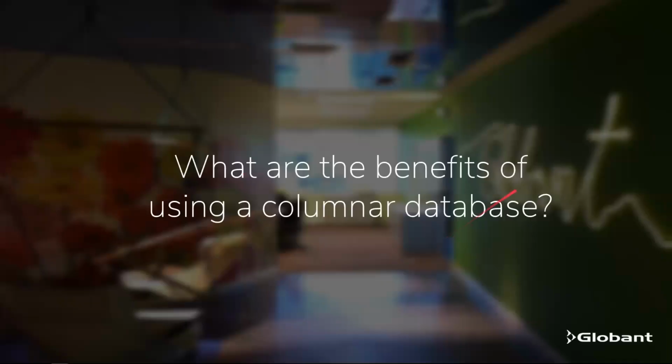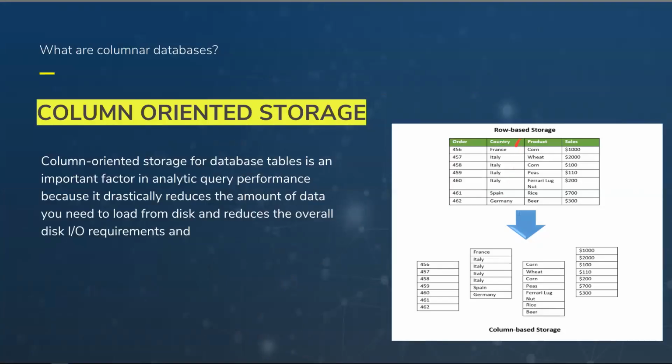Now let's pay attention to the country column. Here we can see that the Italy value is repeated 4 times. In a column-based storage, we can compress that information and store the Italy value only once. It will reduce the amount of data that we need to load from disk and the overall disk I/O requirements.